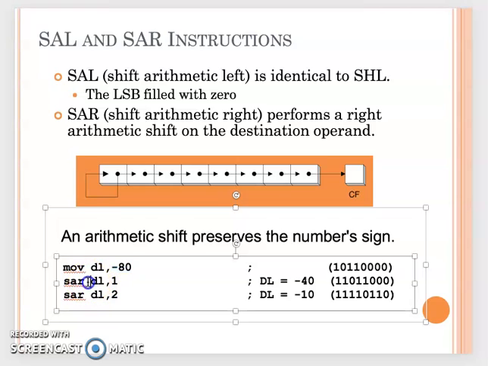So we use SAR. Here we try to move to the right for 1 bit. That's negative 80, and I need to use 2's complement to find negative 80. So when you shift to the right, it becomes negative 40. So then the same thing.